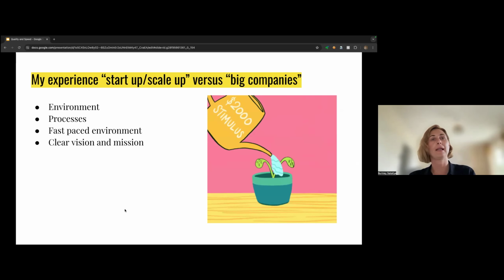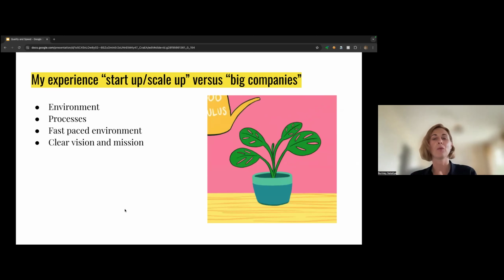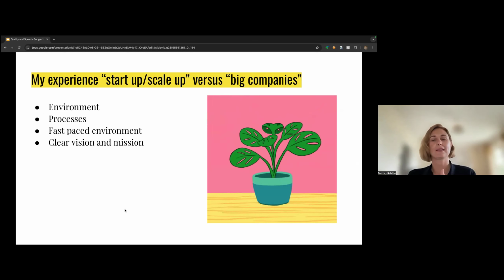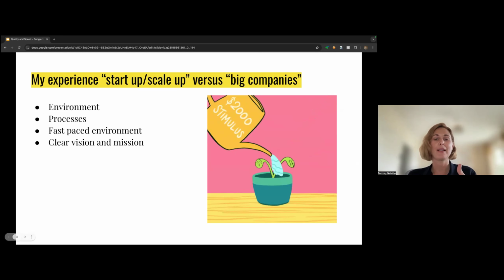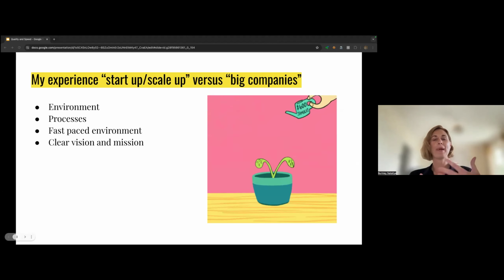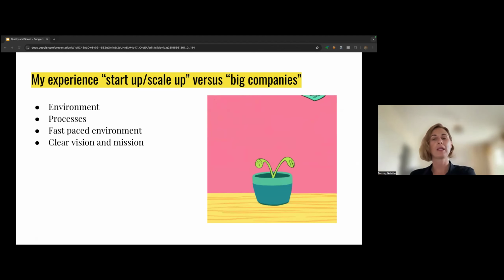Some had more established processes, like waterfall or agile, depending on what area or time, or processes that are a bit loose, like in a startup. If any of you work in a startup, you might know that you move fast, you do many jobs just to get the business or product out to the market.